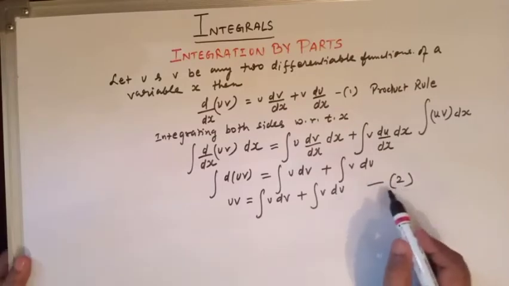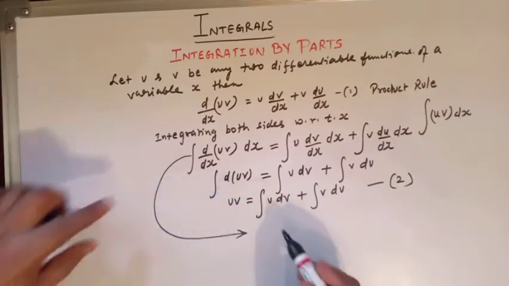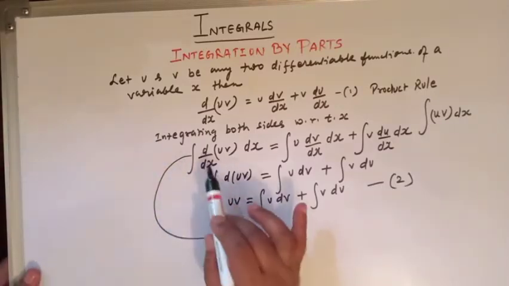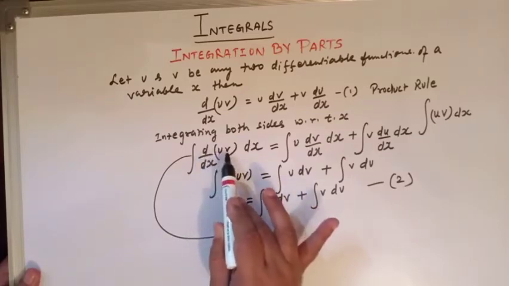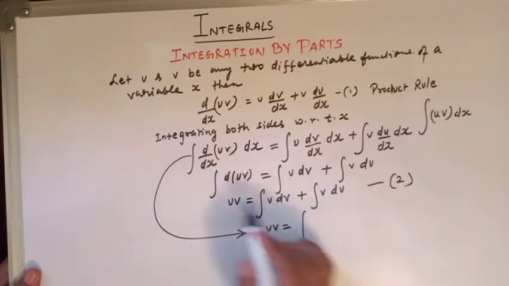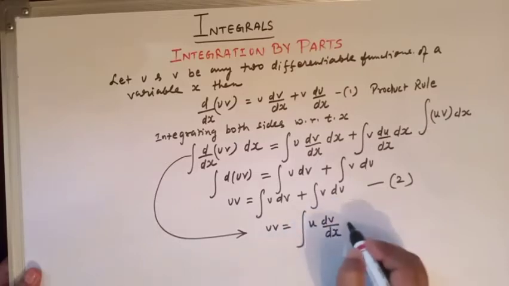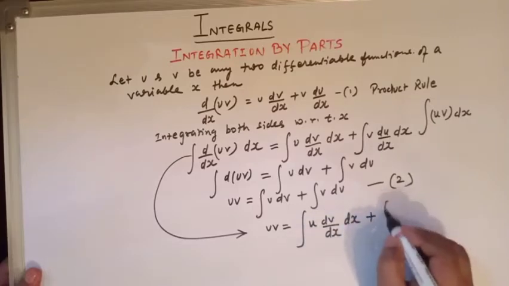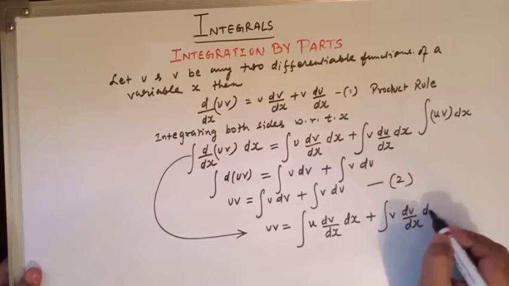Now viewers, we have this equation 2. Now also from this equation we can write the expression, the integral of d by dx of uv dx is uv, and we have the integral of u dv over dx dx plus the integral of v du over dx dx.